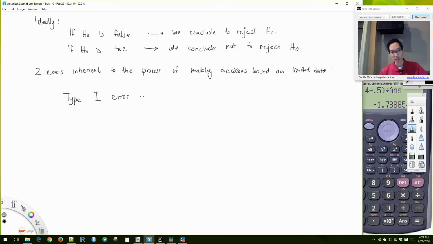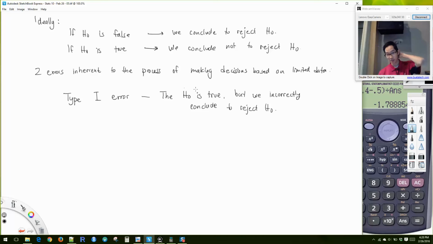So type 1 error, this is the null hypothesis is true, but we incorrectly conclude to reject the null hypothesis. Okay, so that's a type 1 error.